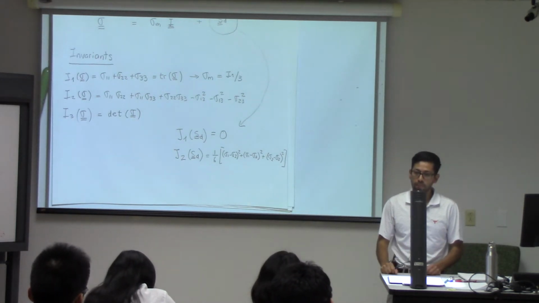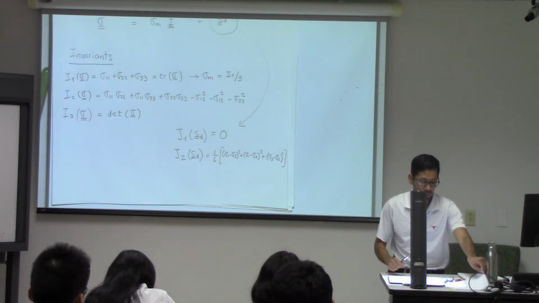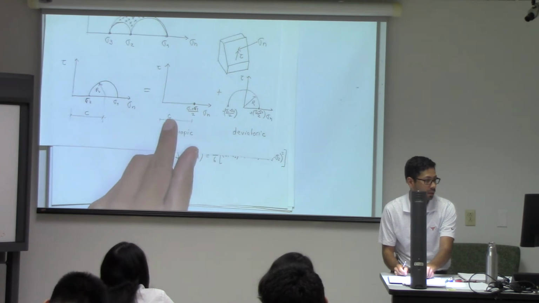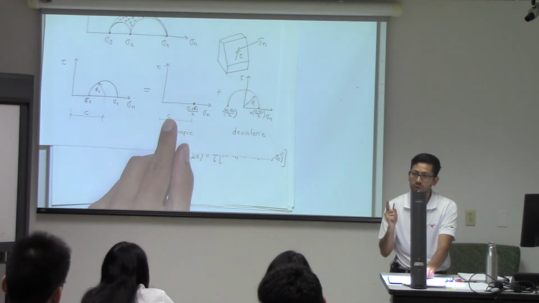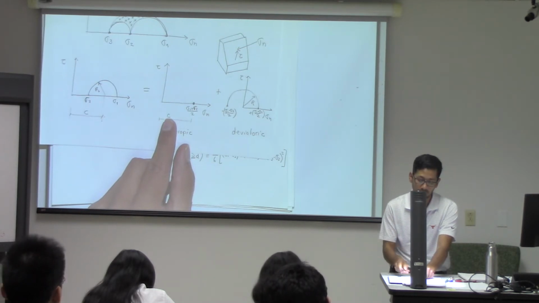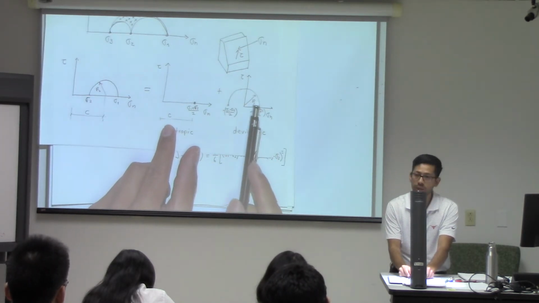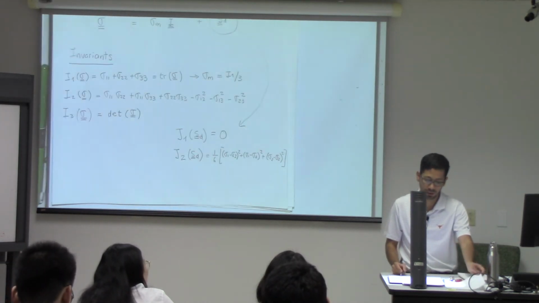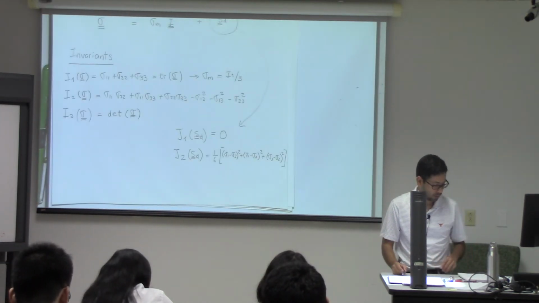So the equivalent for C is going to be I1, the isotropic invariant, the first invariant of the tensor, and the analogy for R is going to be J2, the second invariant of the deviatoric stress tensor.